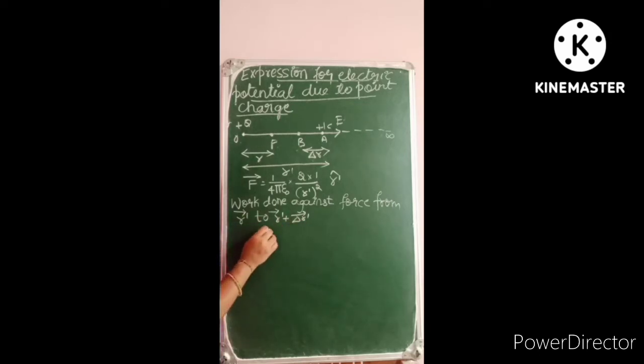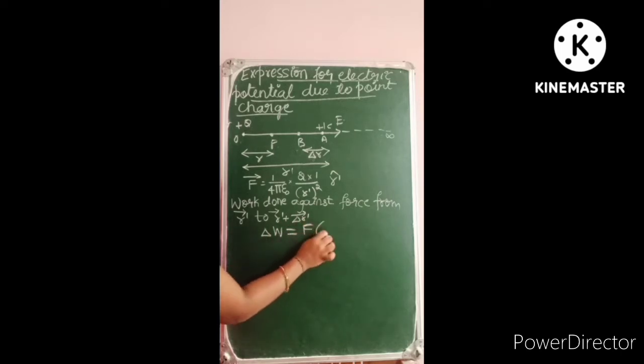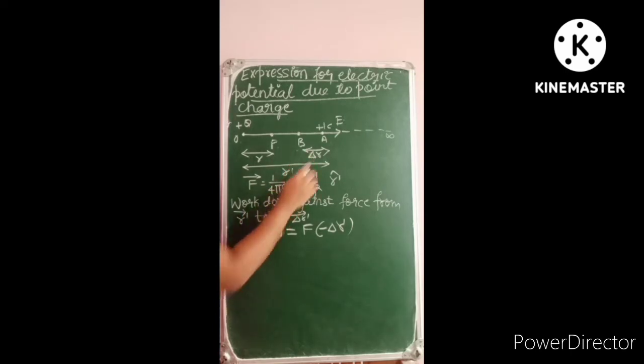It is nothing but delta W is equal to F into minus delta R dash, right? Already we know the value of F here, that is 1 by 4 pi epsilon naught Q by R dash square into R dash cap. Substitute this value here.